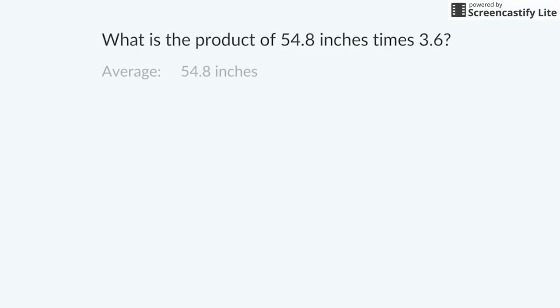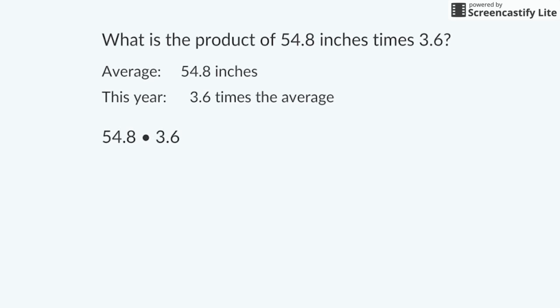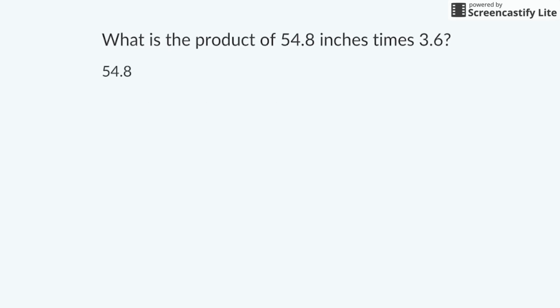I know the average snowfall is 54.8 inches, and so far this year we have received 3 6/10 times the average. The problem I want to solve is, what is the product of 54.8 inches times 3 6/10? I'm trying to multiply 54 8/10 times 3 6/10.